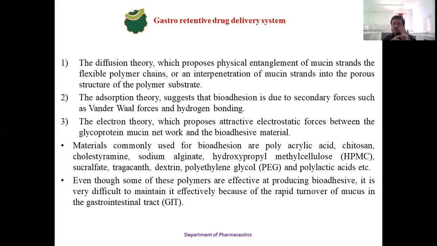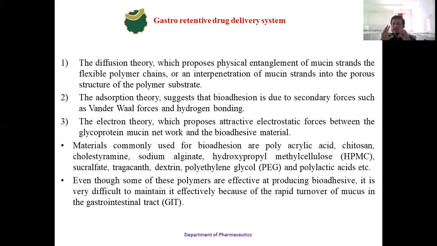Okay, so these are the four theories. This type of dosage form contains a bioadhesive polymer, which is the most important part of the system.